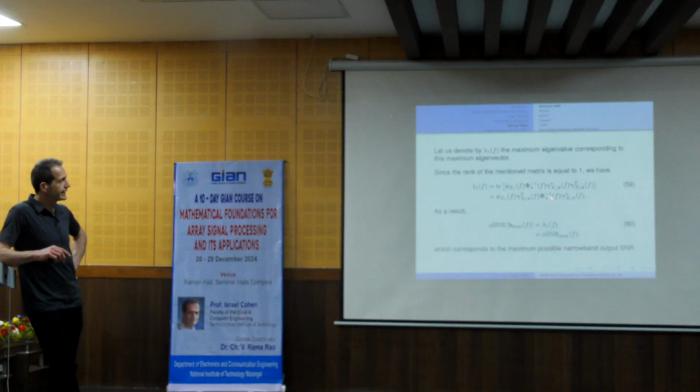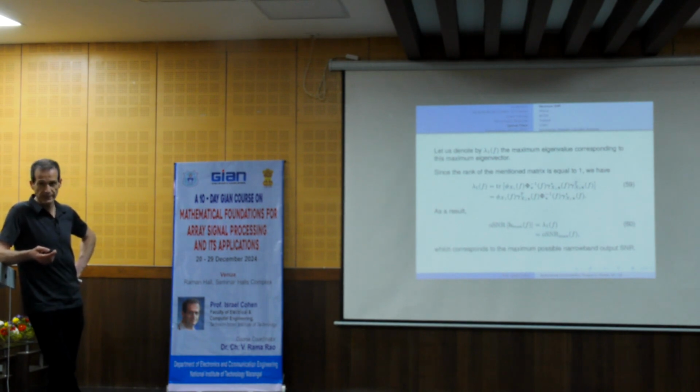By the way, we can take the correlation matrix of the noise and normalize it, so it will be the variance of x1 divided by the variance of v1, and here will be the normalized correlation matrix. So of course the output SNR that can be achieved is proportional to the input SNR.